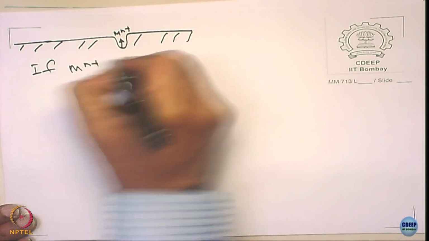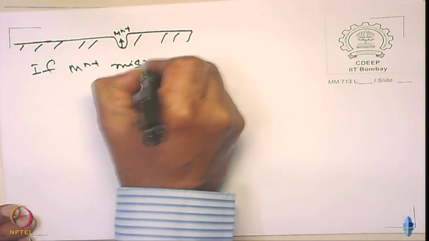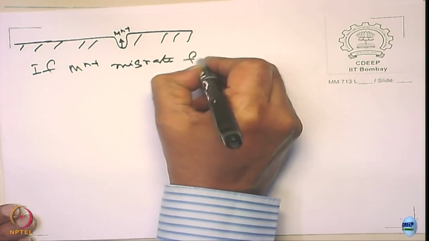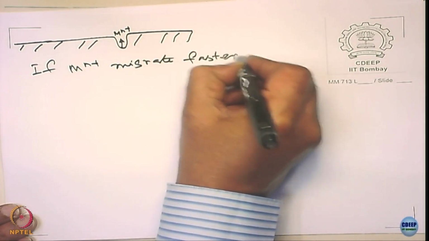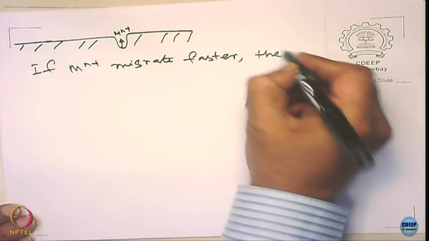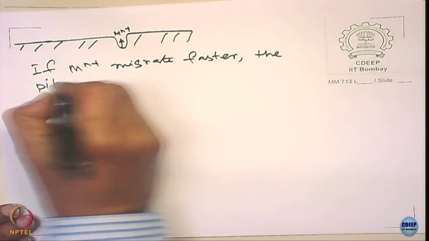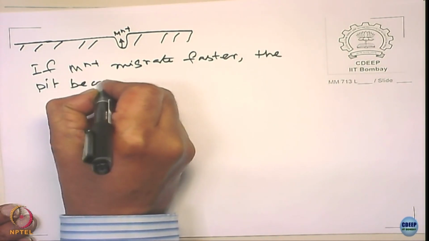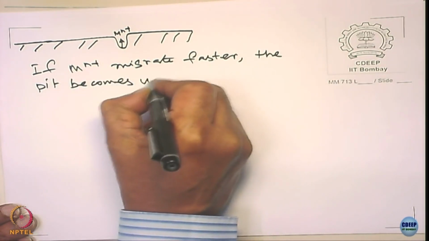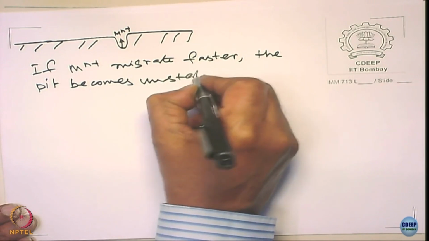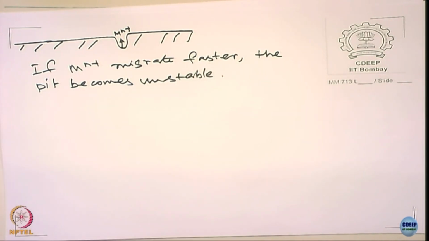So if M n plus migrates faster, the pit becomes unstable.